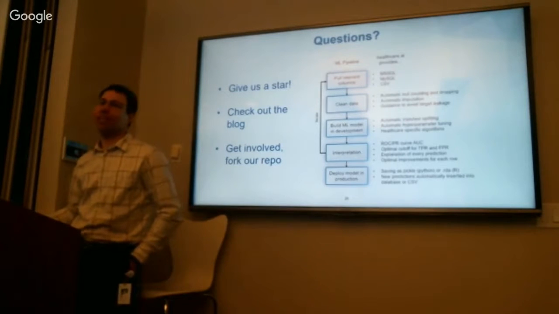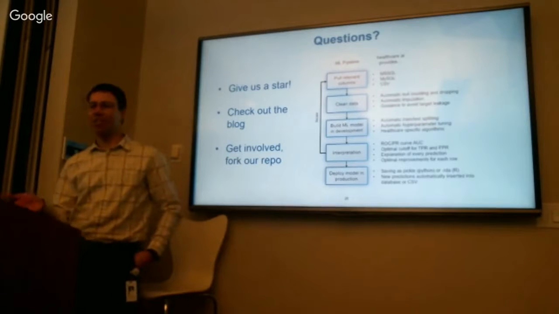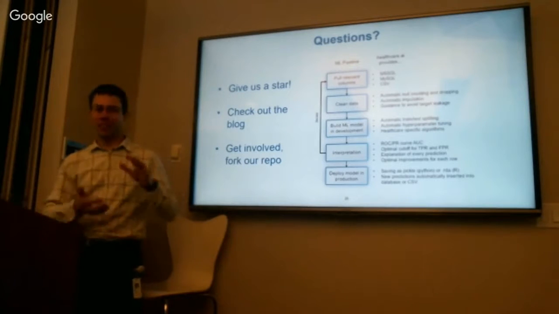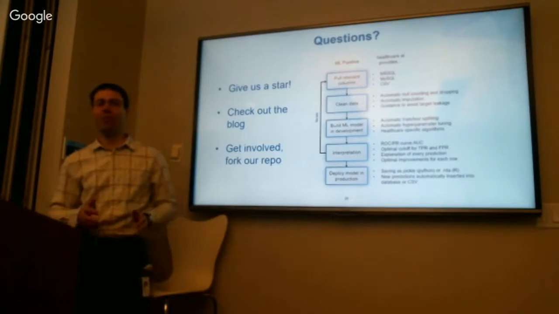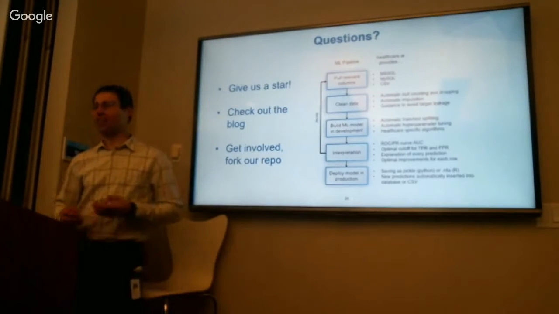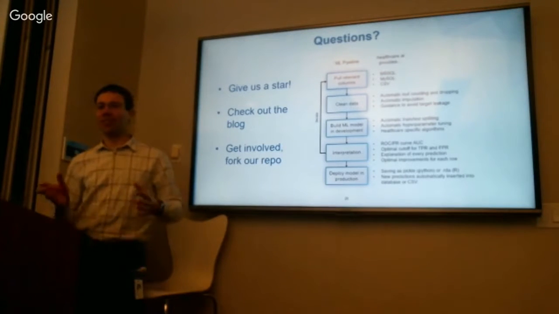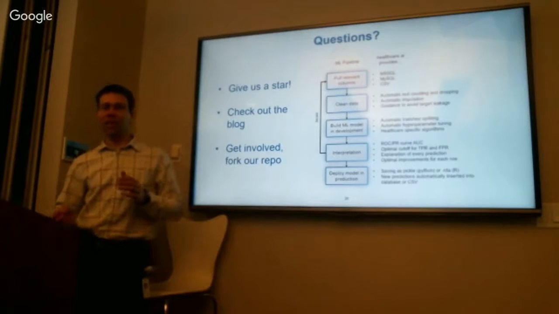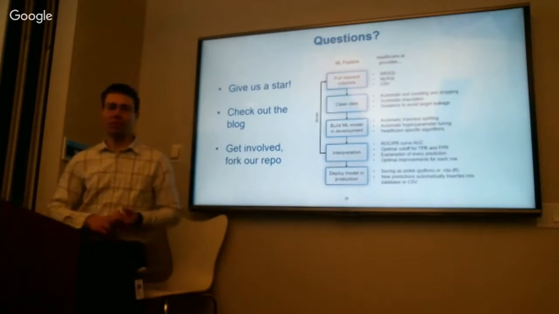So to answer the follow-up question, yes, this stuff does play nicely with Health Catalyst infrastructure, but it's not written in a way that prohibits it from being used in other applications too. If you're using it with Health Catalyst, you're happy because it works really nicely. But if you're not, all you have to do is get it to the point where it's in either a SQL table or a CSV that you can run.